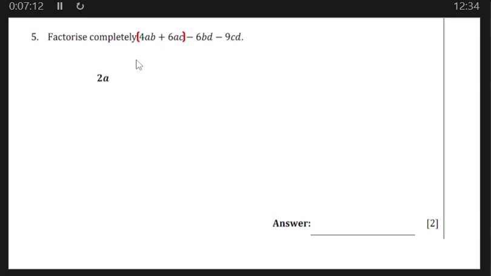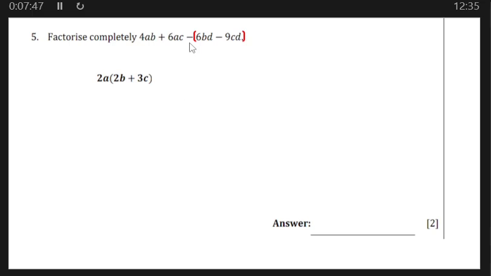So when we factor out 2a here, in 4ab we remain with 2b, and on this side, when we factor out 2a, we remain with 3c. So we'll have 2a(2b plus 3c). Then we'll come to this side as well. The common factor, a number that can go into 6 and 9, is 3. And also we have d here and d here, and we have negative here as well.